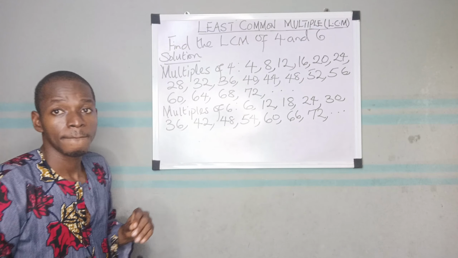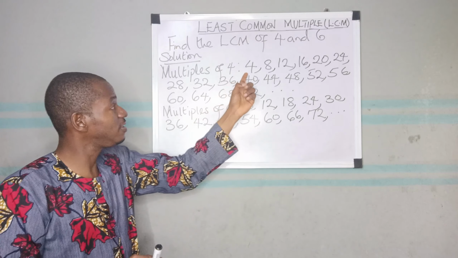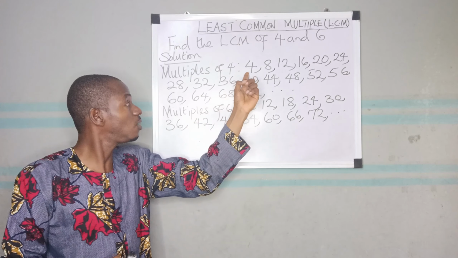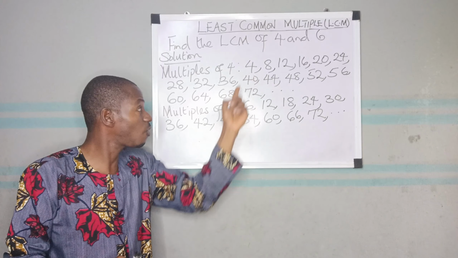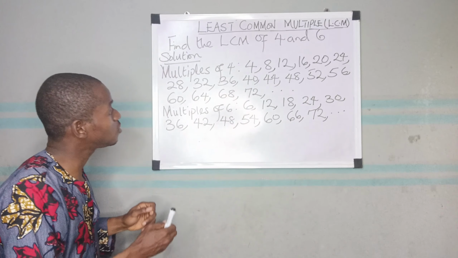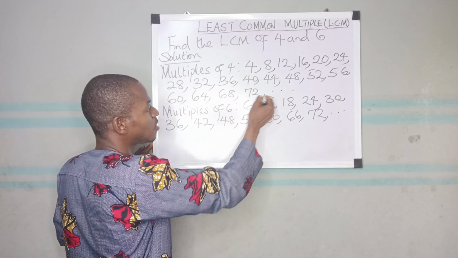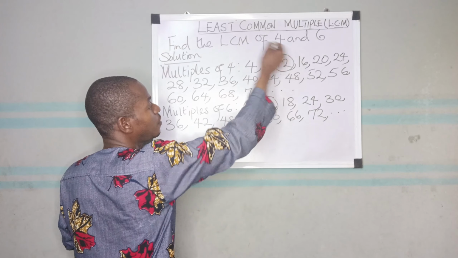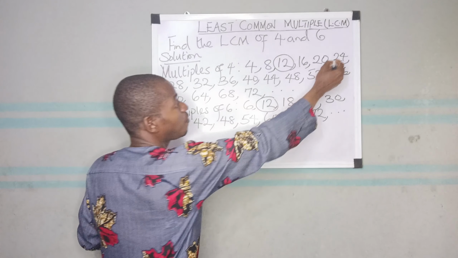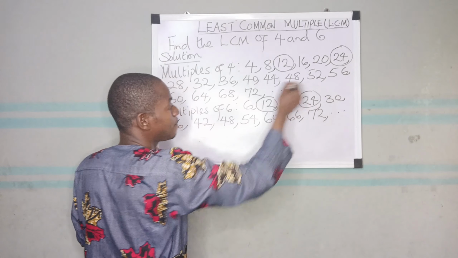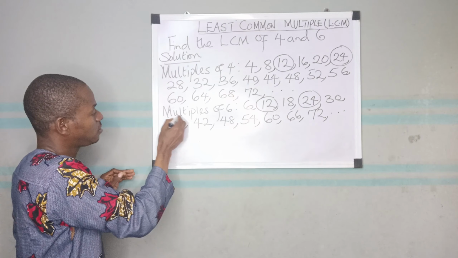Let's stop there. Now, what are the numbers I can find here that are common to 4 and 6? I can find 12 here, so let's circle it out. 12, I can find 12 here. I can find 24 here and here. I can find 36.